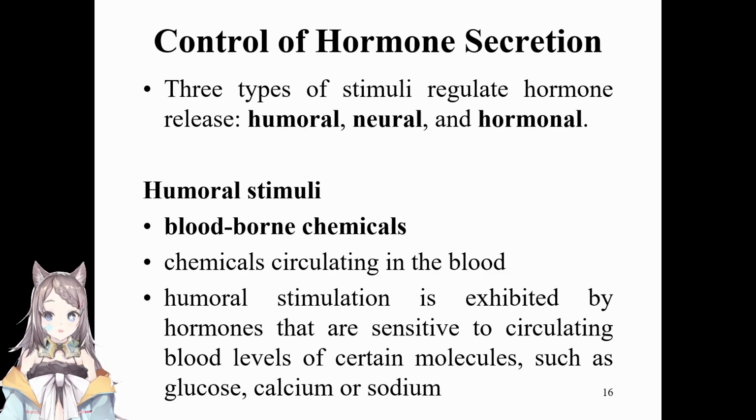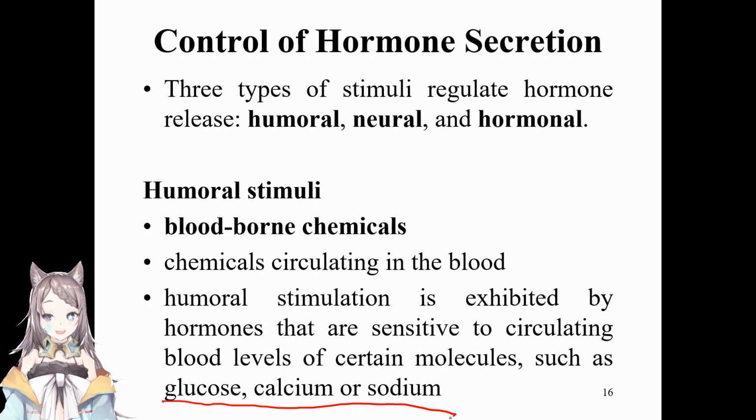Okay, so we have three types of stimuli that regulate hormone release. We have our humoral, neural, and hormonal. When we say humoral stimuli, these are blood-borne chemicals. These are circulating chemicals in the blood. It is stimulated by hormones that are sensitive to circulating blood levels of certain molecules, such as glucose, calcium, or sodium.